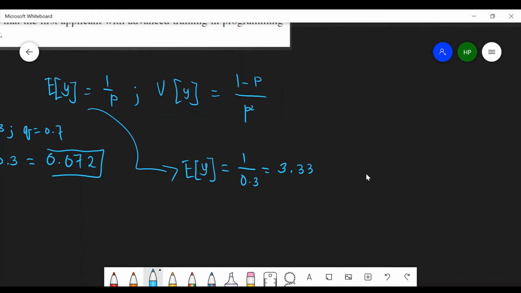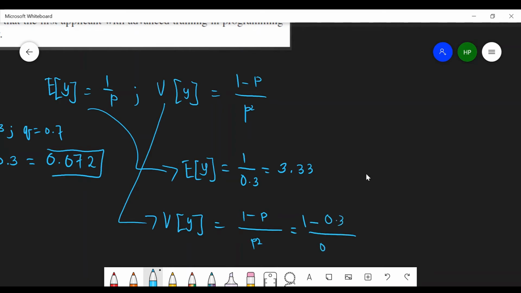Okay? Now, for this one, variance of Y equals 1 minus p over p squared. This is equal to 1 minus, what is p? 0.3. And then you have 0.3 squared sa denominator. What will happen? Gamit ang calculator, you have 7.78.